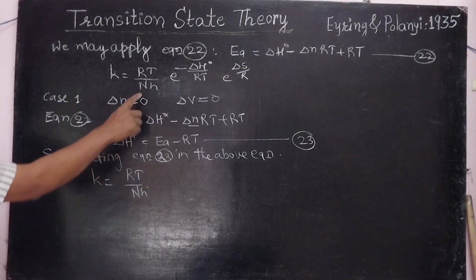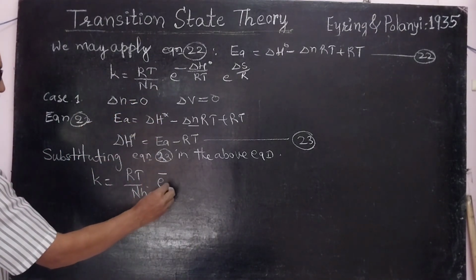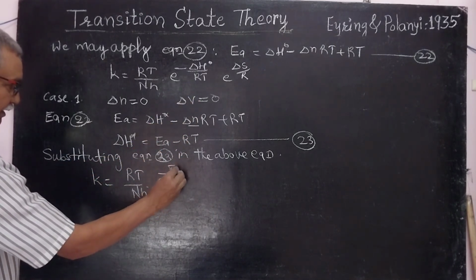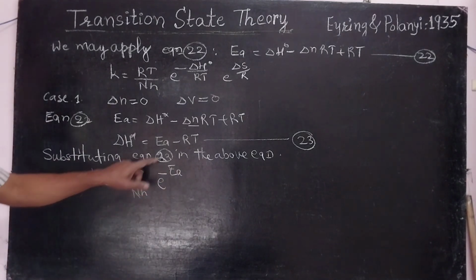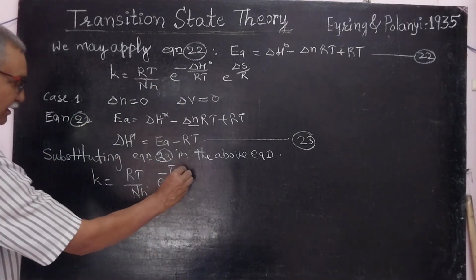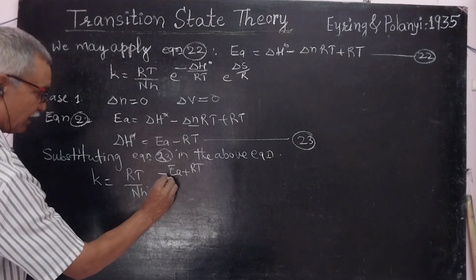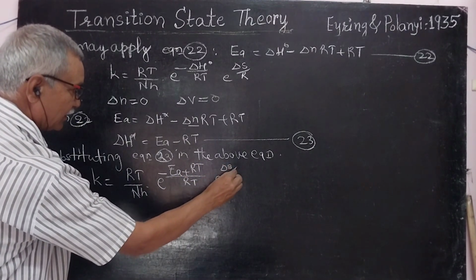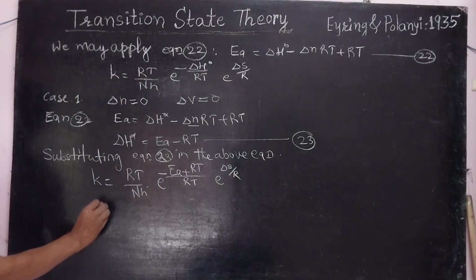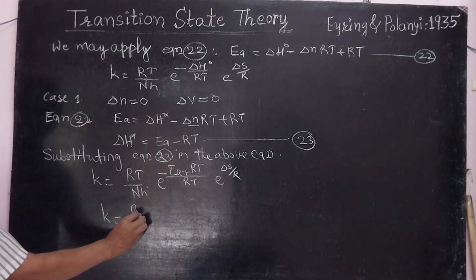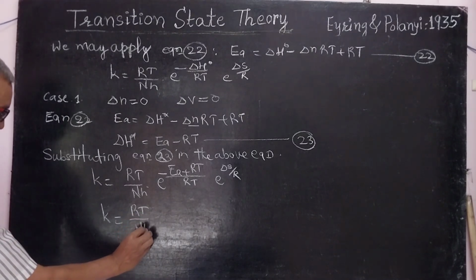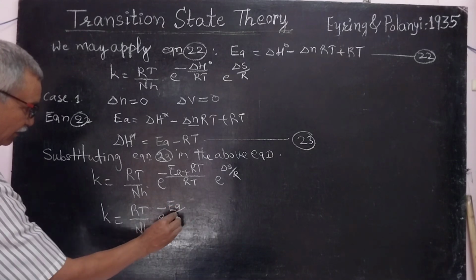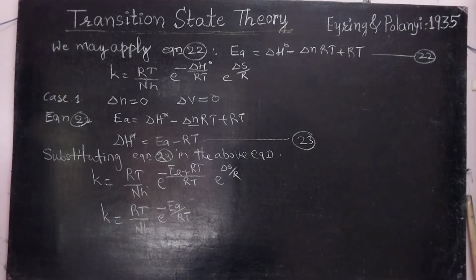Then e raised to minus delta H star, which is equal to minus EA plus RT, divided by RT, into e raised to delta S star divided by R. That is, k equal to RT divided by Nh, then e raised to minus EA divided by RT.